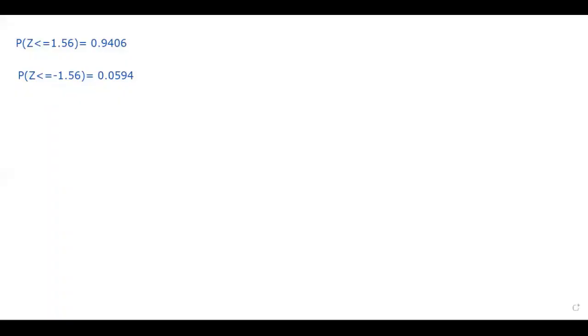Okay, so as I said, they are saying that the curve is symmetrical. So whatever is at the left side is equal to whatever is at the right hand side. So why is it that the same 1.56, positive is giving us a different probability from negative?